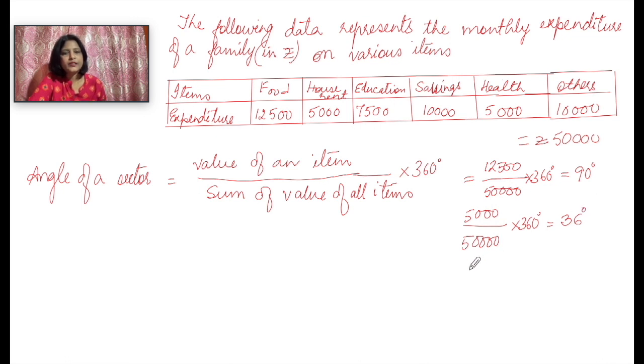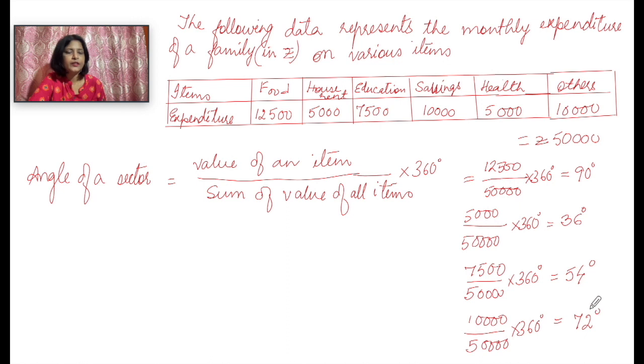The next, 7,500 by 50,000 into 360 degree will turn out to 54 degree. Then 10,000 by 50,000 into 360 degree will become 72 degree.